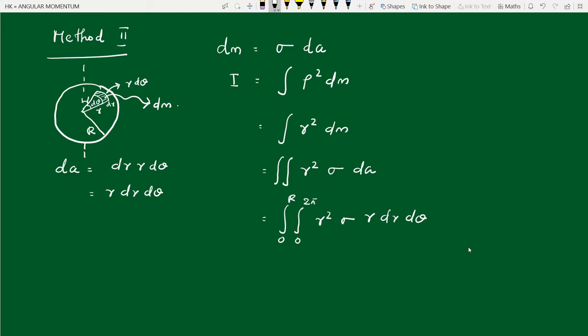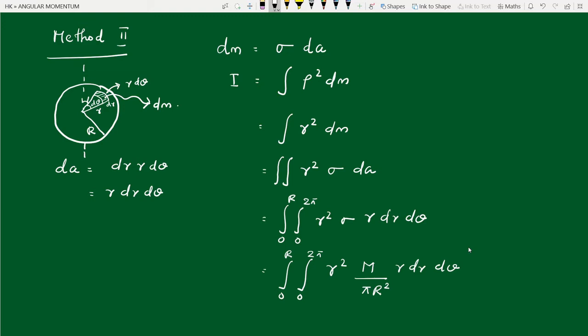And we need to substitute the value of sigma. What is sigma? Mass per unit area. The disk is a uniform disk, that is, mass is uniformly distributed. So what is mass per unit area? Total mass divided by total area, M by pi R square, r dr d theta.